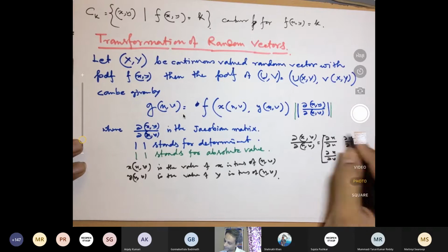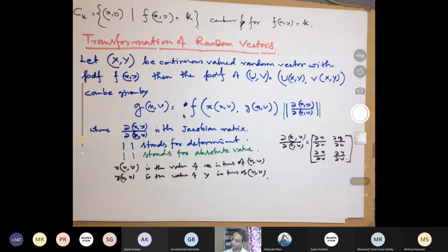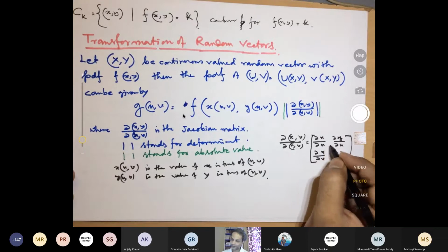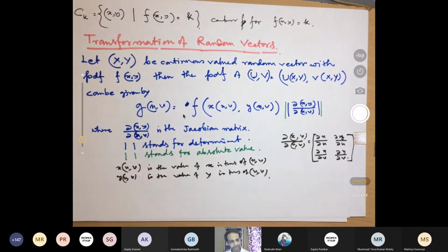What does it exactly give you, or rather its determinant?